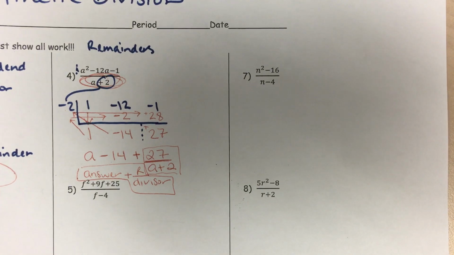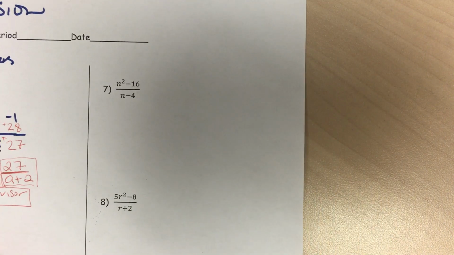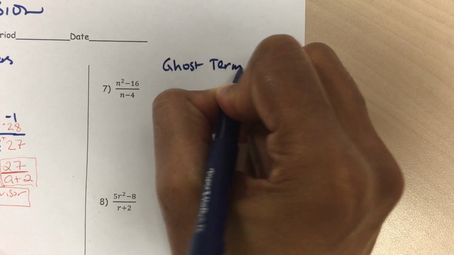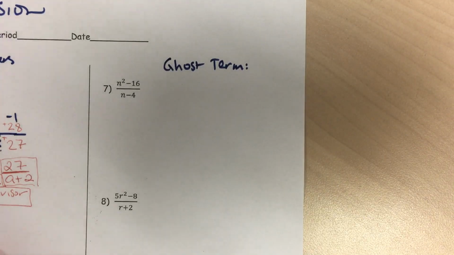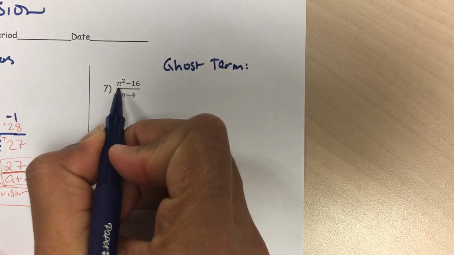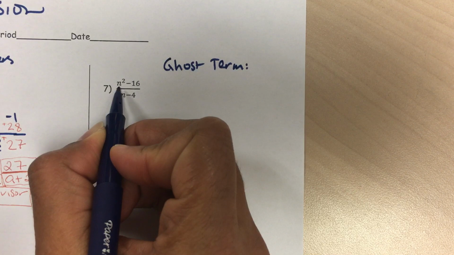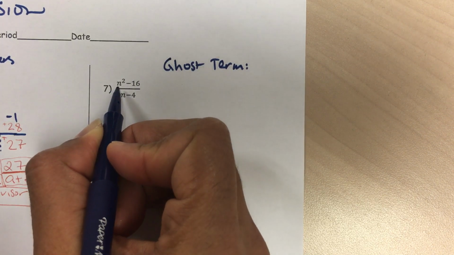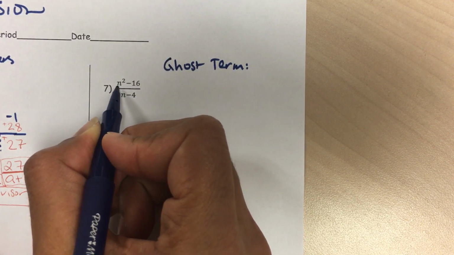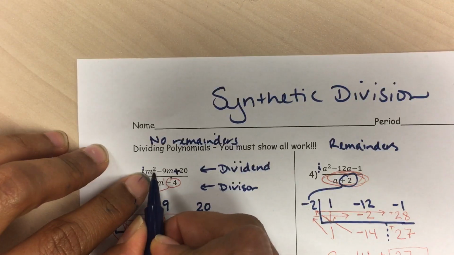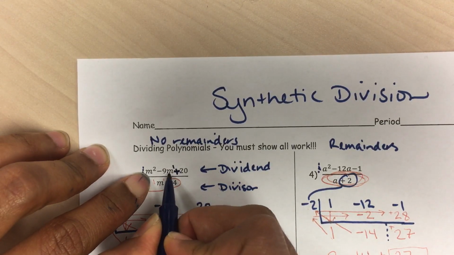All right, do you know what to do when you have a ghost term? Oh yes, the ghost term. Here we go. All of my division problems need to show all terms, and all terms need to be in descending order. My polynomials need to be in standard form with no missing terms. Notice, power of 2, power of 1, no power at all.